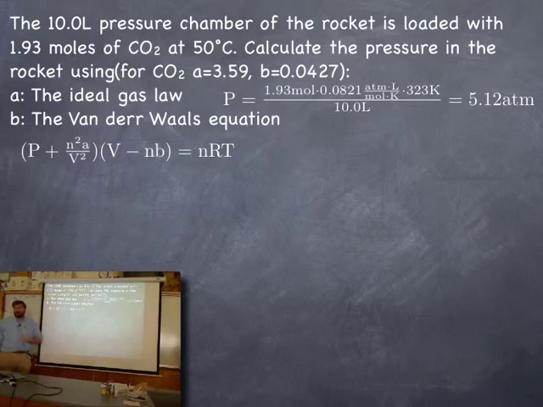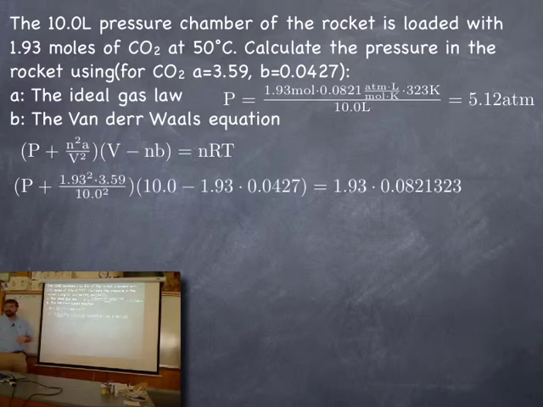We're going to substitute in for all those bits: 1.93 squared, 3.59, 10, 10 minus 1.93 times 0.0427, 9.3, and so on.